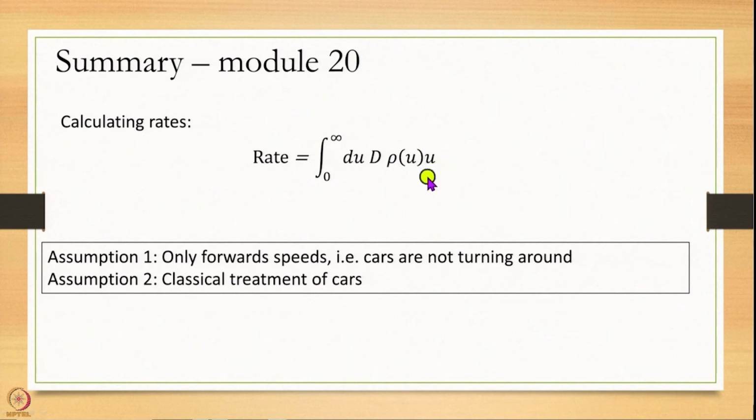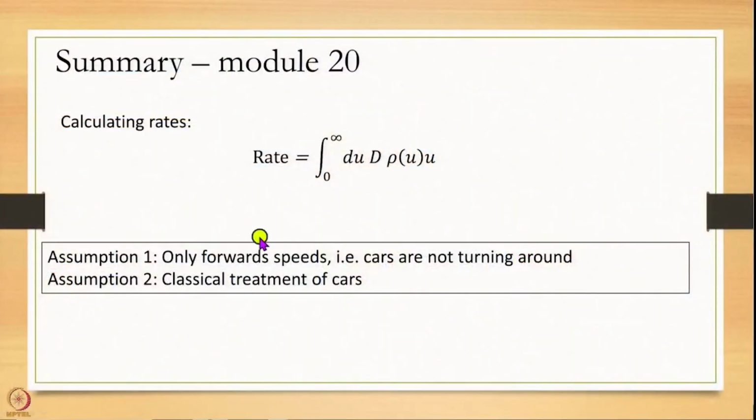This u is called the flux. So, I am at a given goal post, what is the flux multiplied by its density? That is how you calculate rate, and in doing that we have written two assumptions here. We are really thinking of a speed, and when you even use the word speed, it is somewhat classical. In quantum mechanics you have to be very careful when using the word speed. So, we will just end here, and in the next module we will actually derive transition state theory. Thank you very much.